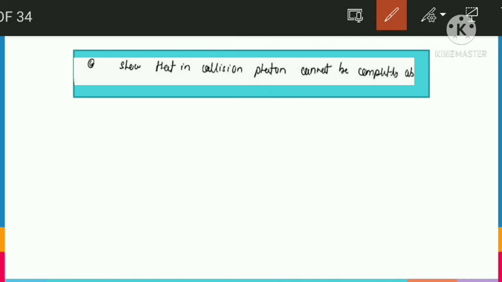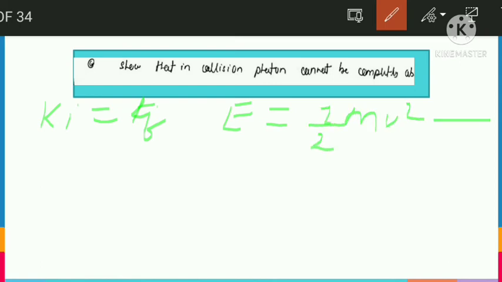So we can write K initial equals K final, meaning initial energy equals final energy. So, the energy of the photon is E, and it will be equal to half m v square.